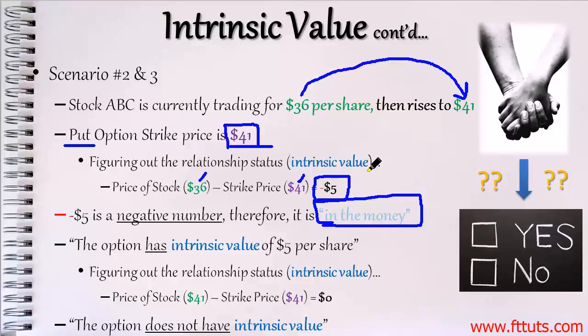Now let's figure out when it moves up to 41. What does that do? Price of stock has risen to 41, our strike price is 41. That gives us 0. So just like the calls, we would say that the option does not have any intrinsic value. For our first example, when we had the -5, that gives us yes, we have intrinsic value. For the second one, where it gave us the 0, that's where we would mark no, there is no intrinsic value.